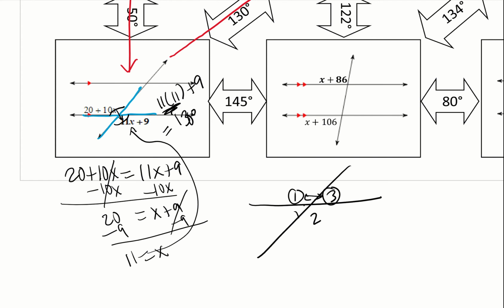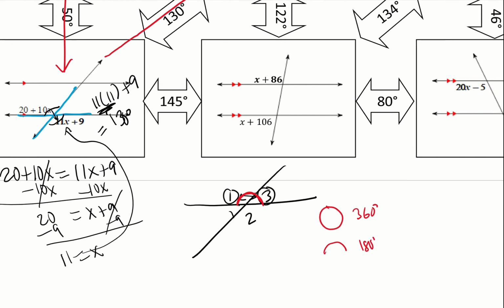They add up to 180 because this angle and this angle lead to a half circle, and we know that a full circle is 360, and so a half circle is 180. All right, so that's one way of thinking about it. We'll go ahead and solve it.